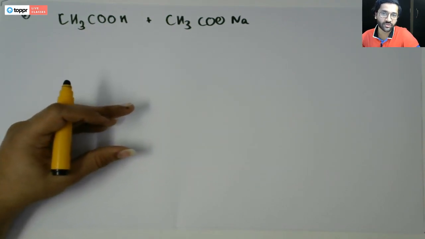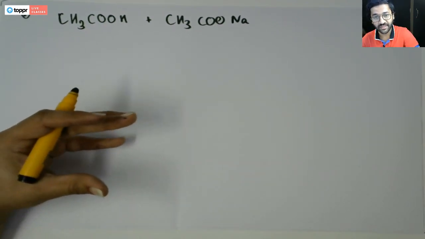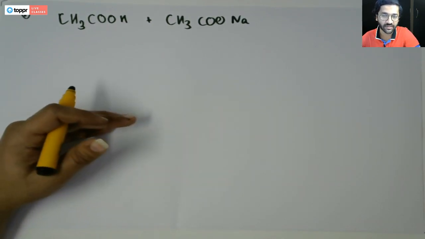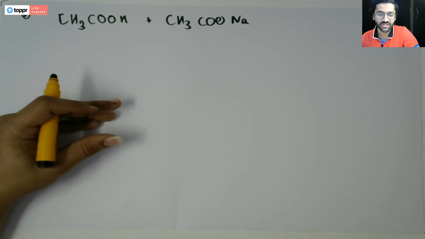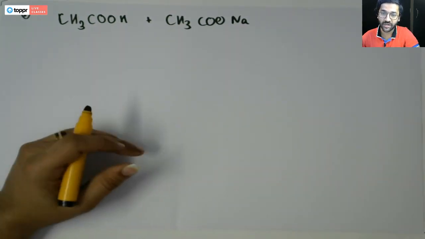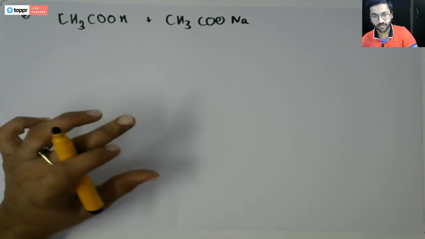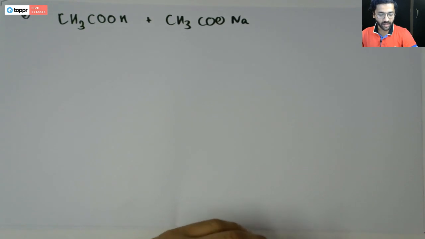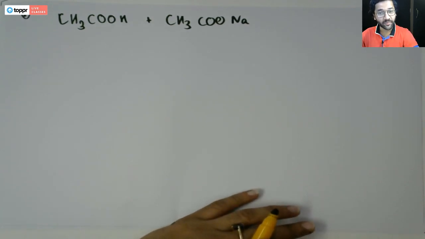Why they are known as buffer solutions is because of a basic property of a buffer, which is that it resists a pH change. It will not let the pH value change. Also, we have a buffer in our blood, a carbonate and bicarbonate salt buffer, and because of that only we are able to survive in this hostile environment around us.